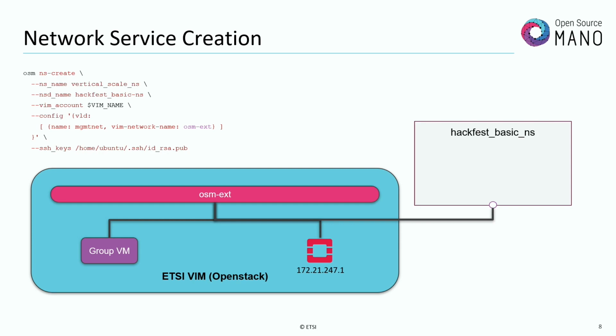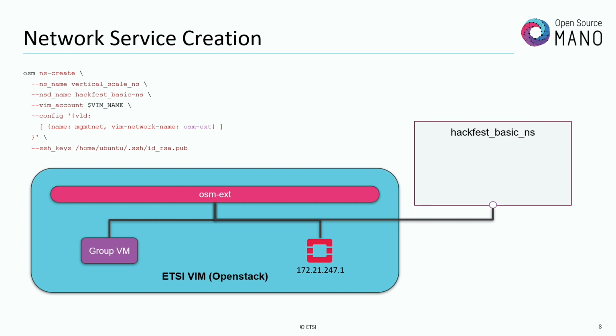In the YAML descriptor, you've got the node that says, this is my external connection point, and it's got a name, management net. Now what I want to do is add one more thing to that particular node within the YAML. I want to say that the VIM network name is going to be OSMX.